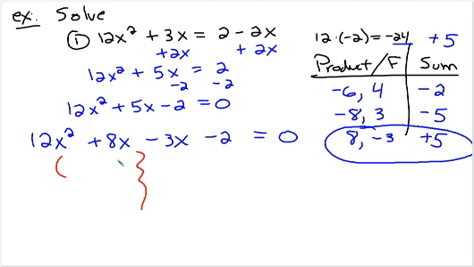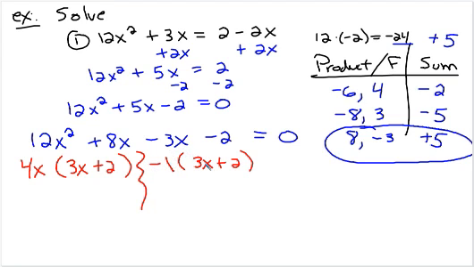I'm going to pull out the greatest common factor here, which is 4x, and that leaves me with 3x plus 2. I'm hoping for a 3x plus 2 over here, and I can have a 3x plus 2 if I factor out a negative 1.